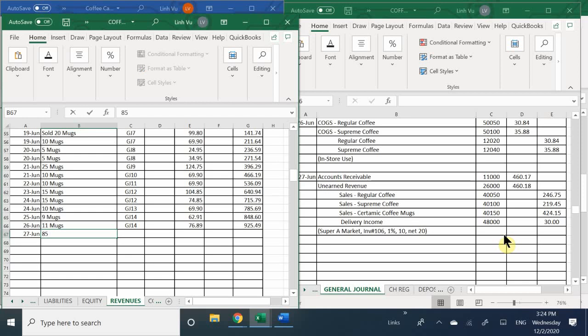General Journal 15. And that is $424.15 in the credit column, bringing that new balance to $1,349.64.